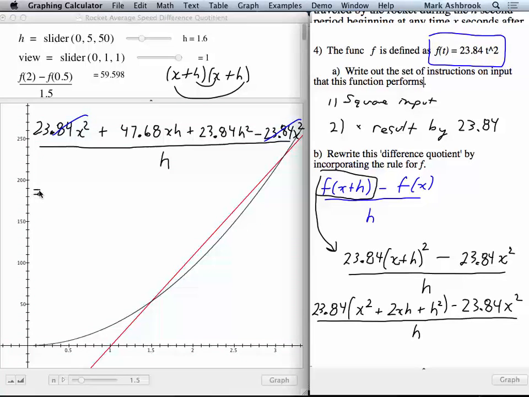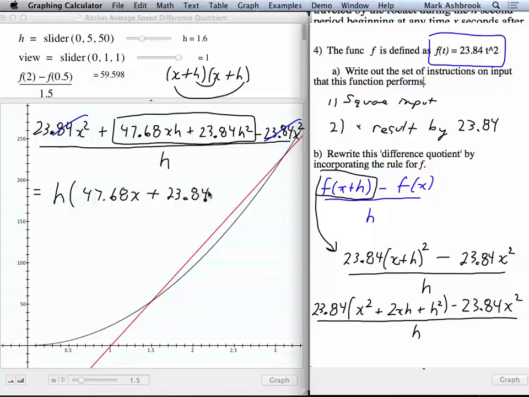So we're left with these two terms right here. Notice these two terms both have h in them. And so we can factor out h, they have at least one h, right? So h times 47.68x plus 23.84h, and that's all over h.